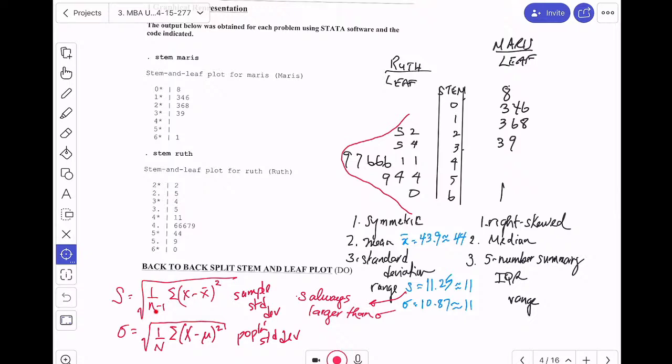And I explained that in the video, I believe. Can anybody tell me how I explained that, or what you understood why we divide here by n-1, whereas here I am using a capital N for the population size?